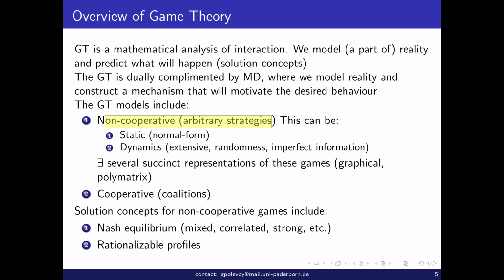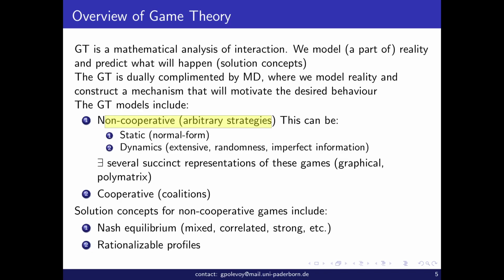They may cooperate, but the idea is that they choose freely. The games which we study can be either static or dynamic. Now we have been studying static games, when we just look at some strategies, and that's what happens.